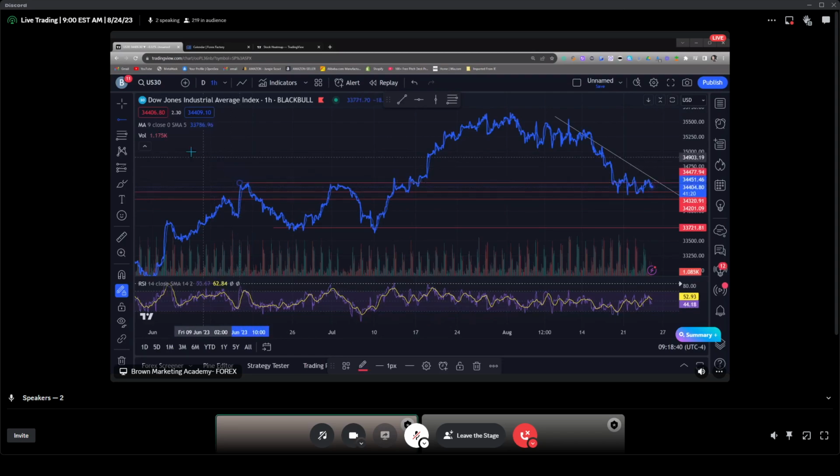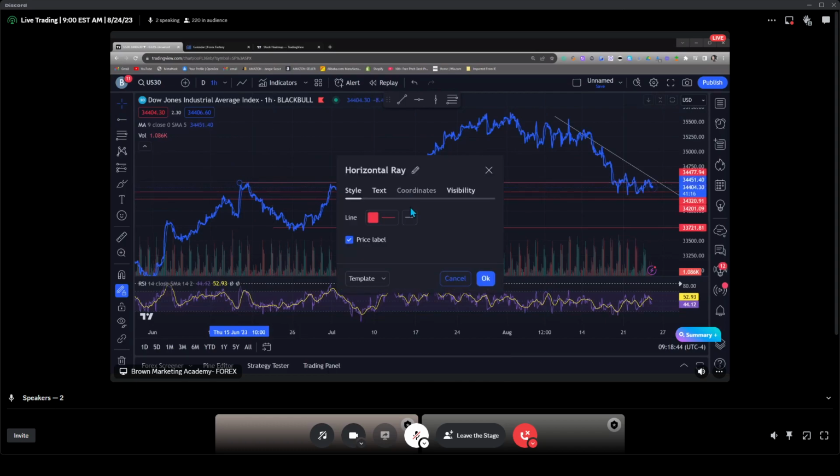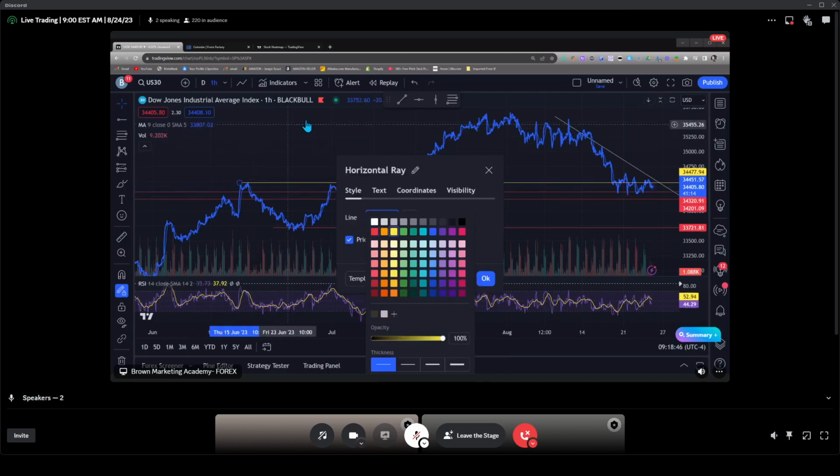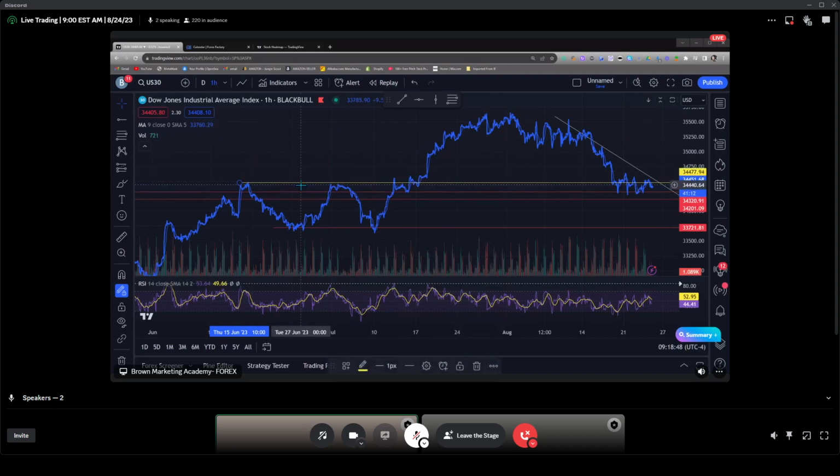And I'm going to make these yellow. This is so that when I go down to the 15-minute or the 1 minute, I know that red are the major areas that I need to look out for. Yellow, because it's the 1 hour, usually the market could push through them.